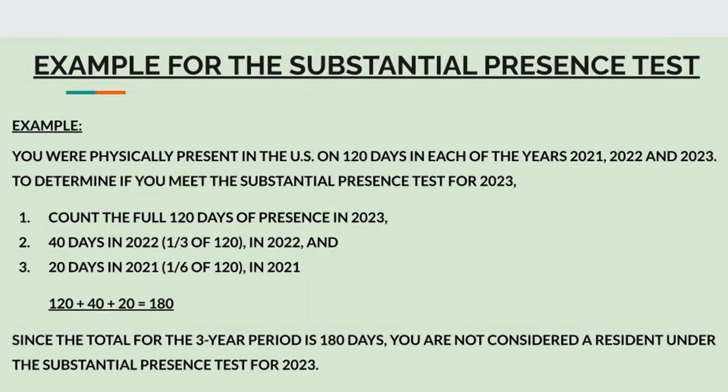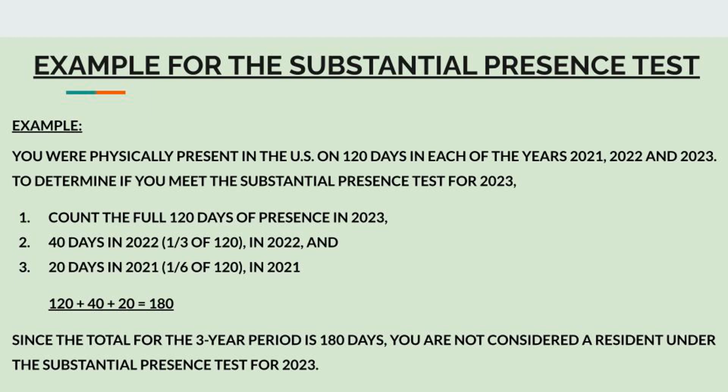So here's an example just to clarify the substantial presence test. Let's say you were physically present in the US on 120 days in each of the years of 2021, 2022, and 2023.